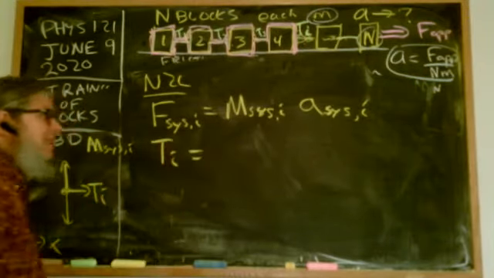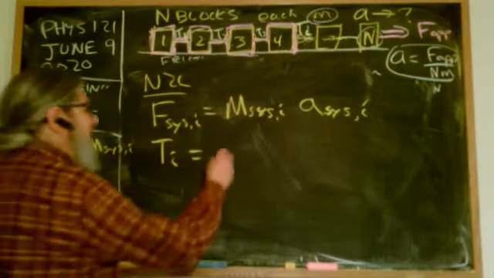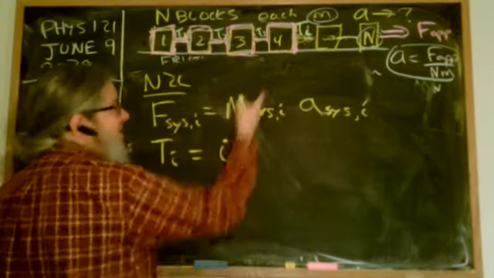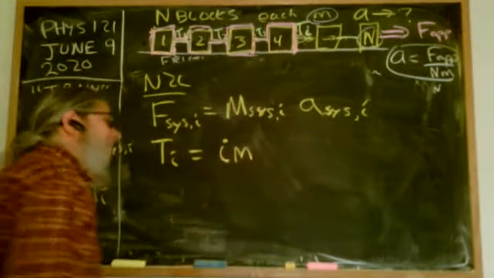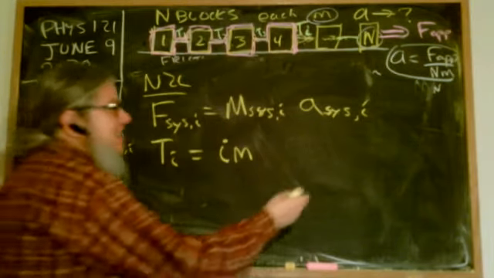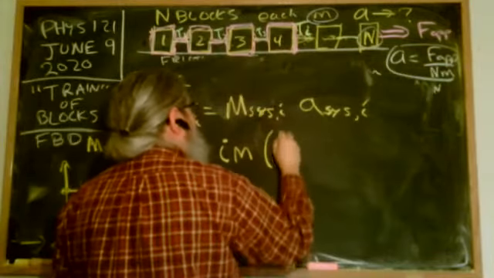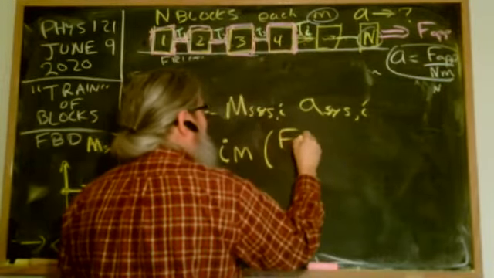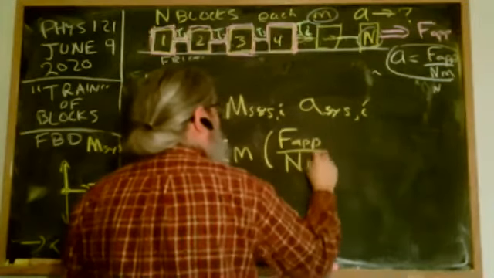The mass of the system: how many blocks do I have? I have i blocks. So that's i, the number i, which in this case is 4, for example, times the mass of each block, which is m. That's the mass of the system. And the acceleration of the system, we already know what it is, right? I substitute the result from before. That's F_app over n times m.